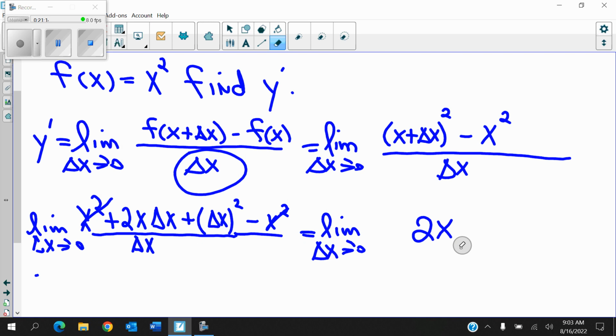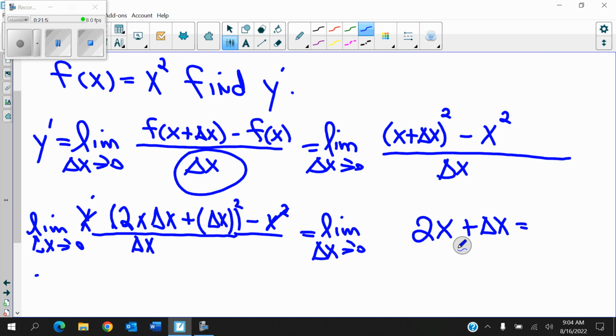No, look, I could just look at this and pull out a delta x, right? That leaves no delta x here, it leaves us a delta x there, right? And this delta x out here will cancel that delta x. And so what I'm left with is 2x plus delta x, right? The limit of that.